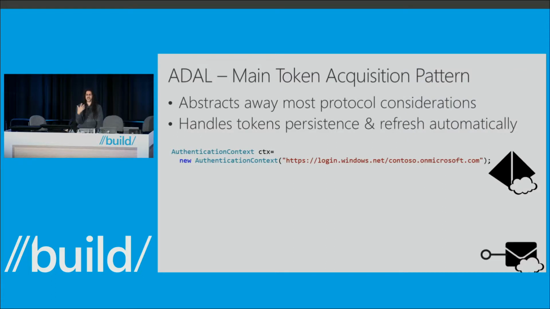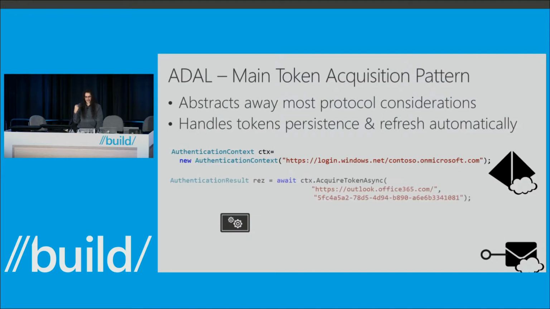Then what else do I have? I have a resource that I want to call. I have the client that wants to get the token, and of course, I have my users and the tokens that I get back. So the idea is that I have this AcquireTokenAsync. It's not that we use a different name from Windows 10 because we don't like you and we want to confuse you. It's more a matter of timing.